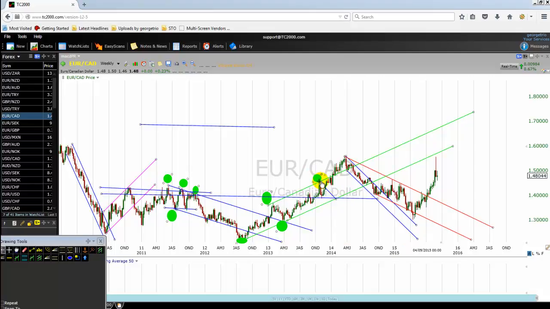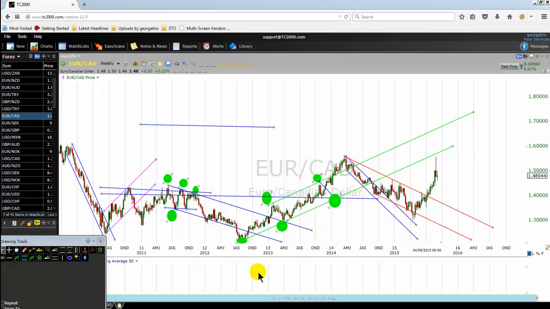Price must form a new higher high before pulling back to retest the lower part of the channel. That will form a high probability bullish trade setup. If we have a high probability trade setup, we will now use a multiple time frame trading method to time the market.